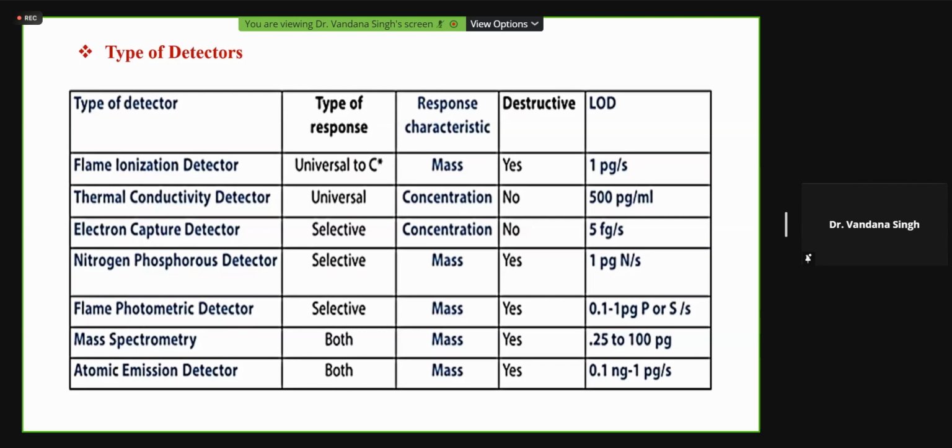Now, what are the applications of the GCMS? Generally, the GC has very wide application. It can be used for both qualitative and quantitative analysis with very high sensitivity. It can be used for environmental analysis, like pesticide analysis in water and vegetables, as well as vehicle emissions that are gaseous.